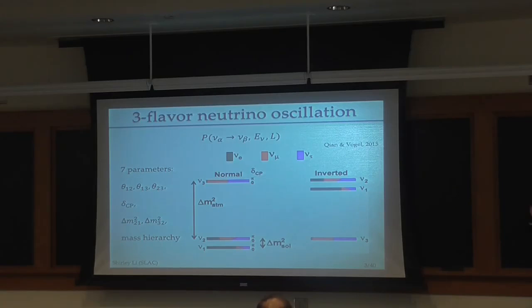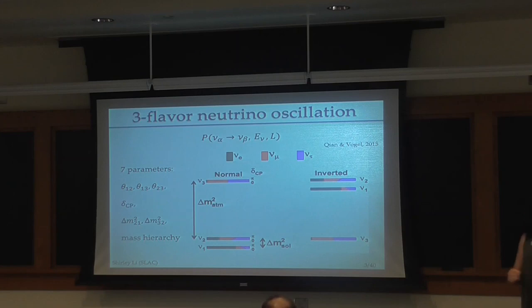Now, 20 years later, we've established this 3-flavor neutrino oscillation paradigm. We can compute all neutrino oscillation probabilities with 7 parameters. We know that the 3 angles and 1 delta CP phase are the parameters that determine the neutrino oscillation matrix, the PMNS matrix.